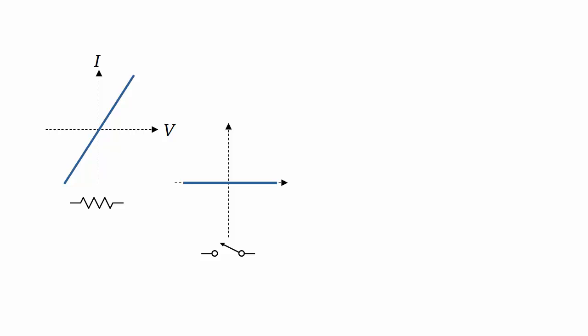For a resistor, the IV plot is a straight line with a slope equal to 1 over the resistance. For an open circuit or infinite resistance, the plot is a horizontal line on the x-axis. The current is 0 no matter what voltage is applied. For a short circuit or zero resistance, the plot is a vertical line on the y-axis.